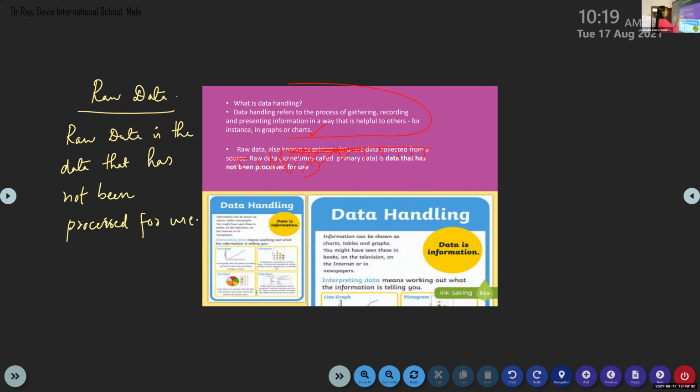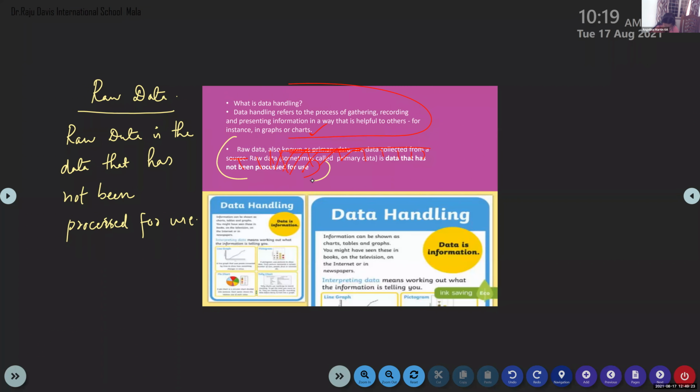So instead of writing the second paragraph, I have given the definition clearly. Okay, children? Yes, ma'am. Ma'am, what is after "not been processed"? It is "for use."